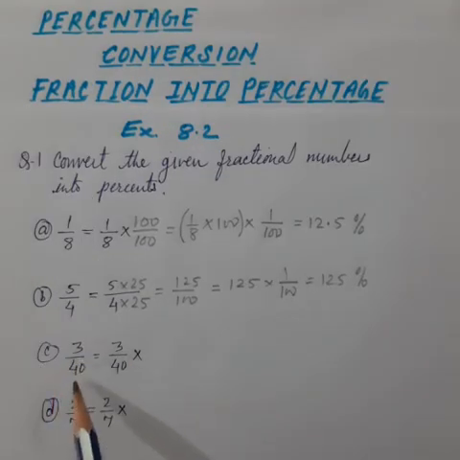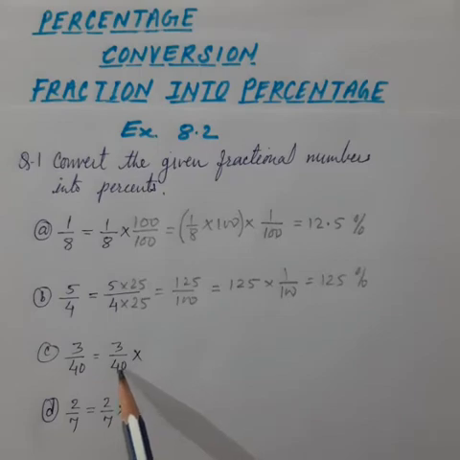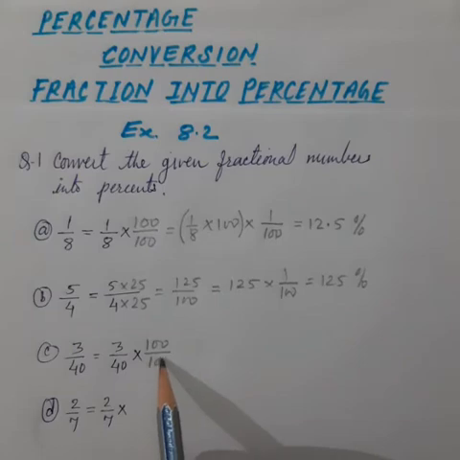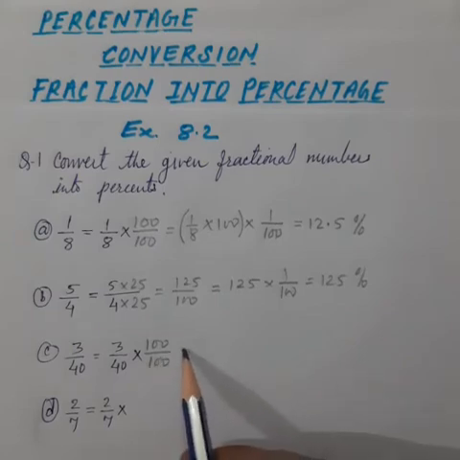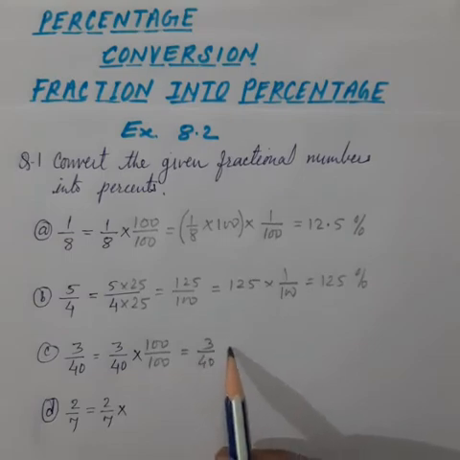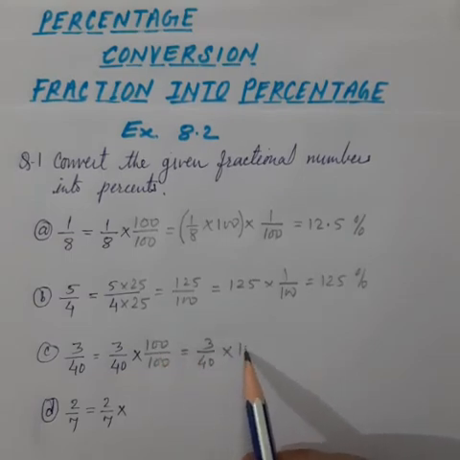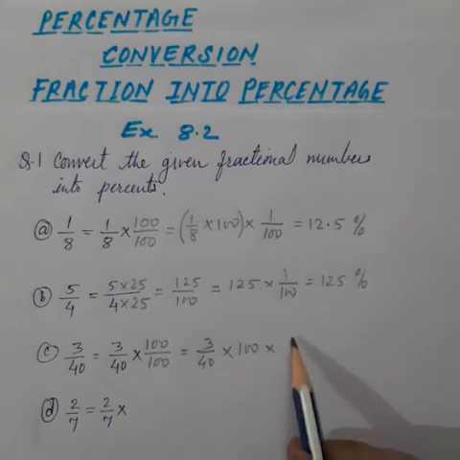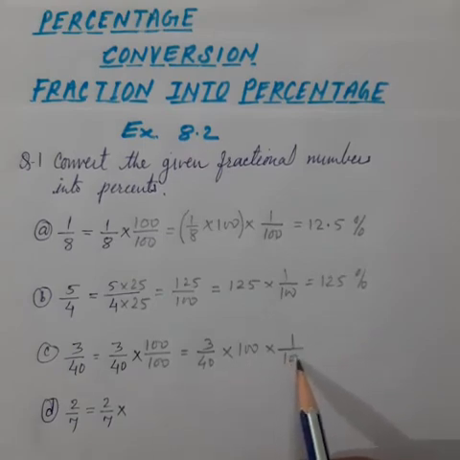C, 3 by 40. The denominator 40 is not a factor of 100. So multiply both numerator and denominator by 100. Now multiply this fraction 3 by 40 by this numerator 100 and write this denominator 100 separately as 1 by 100.